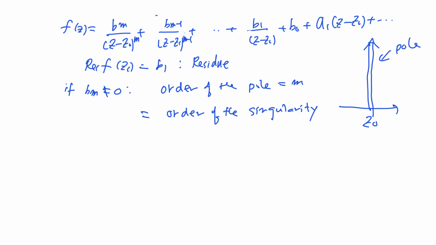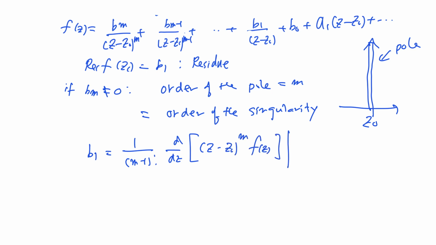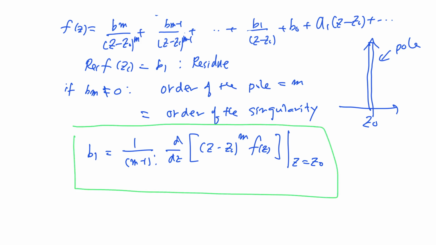I told you that in this case b_1 can be calculated as 1 over (m minus 1) factorial times d^(m-1)/dz^(m-1) of (z minus z naught) to the m times f(z), and then you set z equal to z naught. This is the formula for calculating the residue.